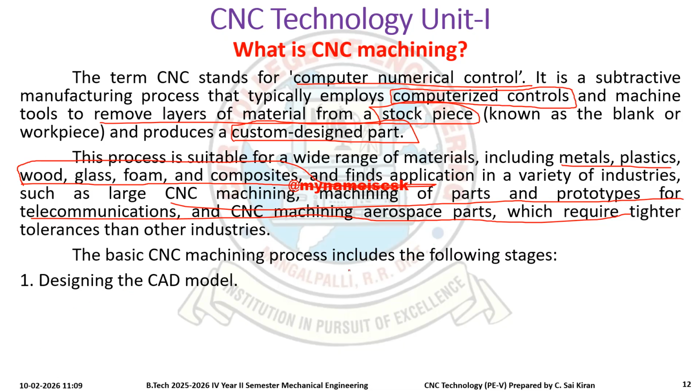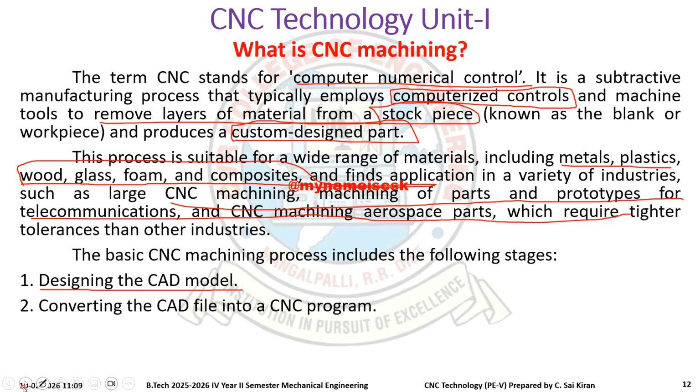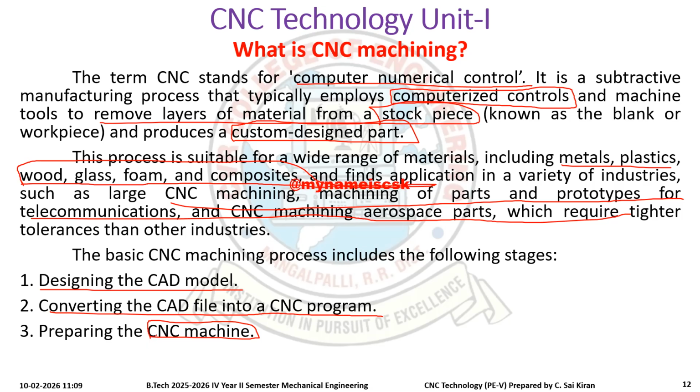The basic CNC machine process includes the following stages. First, we have to design the CAD model. Then you have to convert the CAD file into a CNC program, and then we have to prepare the CNC machine. Preparing the CNC machine means we have to switch on the machine, check the coolant, check that everything is working, transfer the CNC program to the machine, and change the tools.